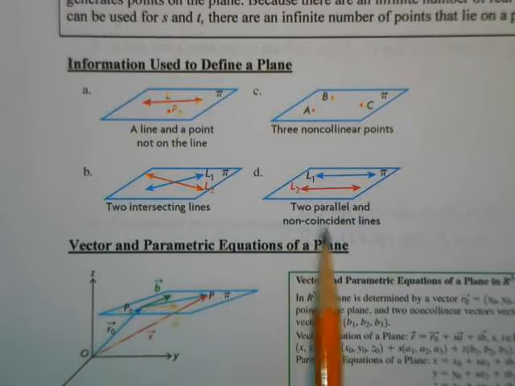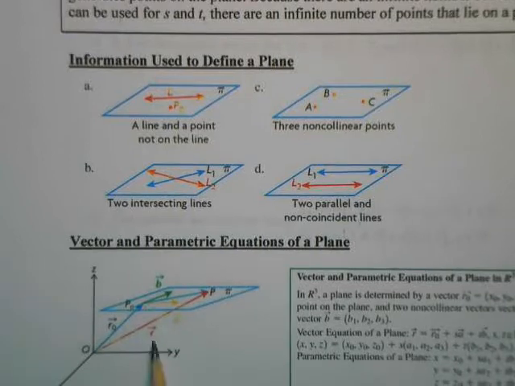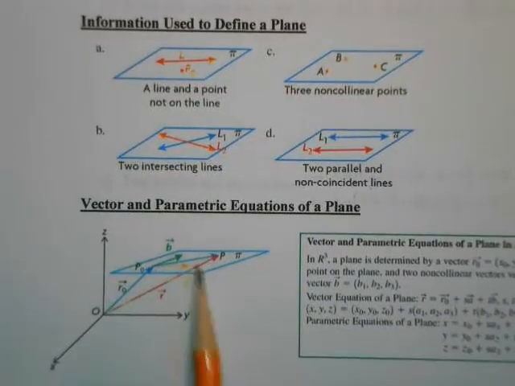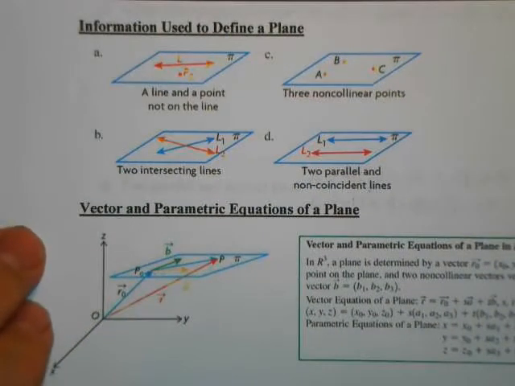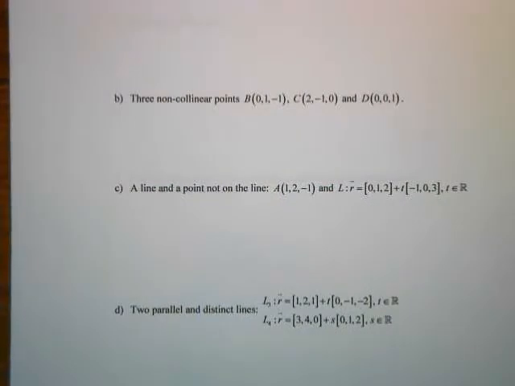So this word non-coincident means they're not the same lines, two different lines. If they're coincident lines, they're the same line. Okay, and we already looked at this diagram when we were talking about how we make our vector and parametric equations. So let's move on, try a few things out.